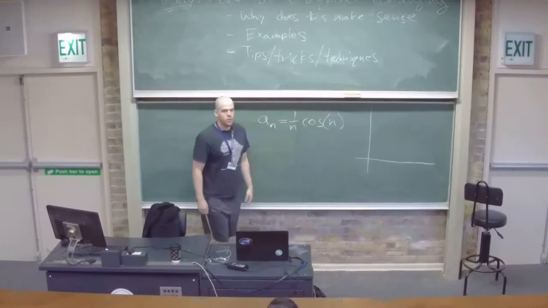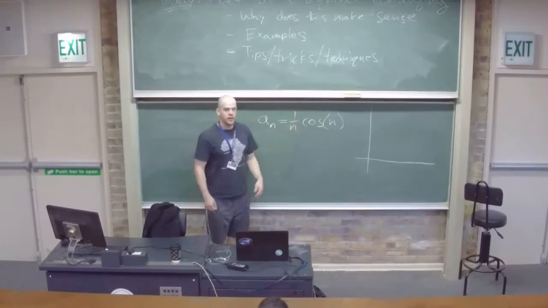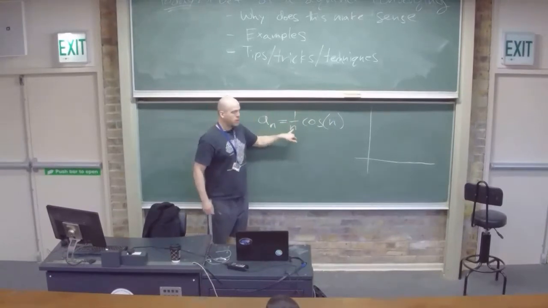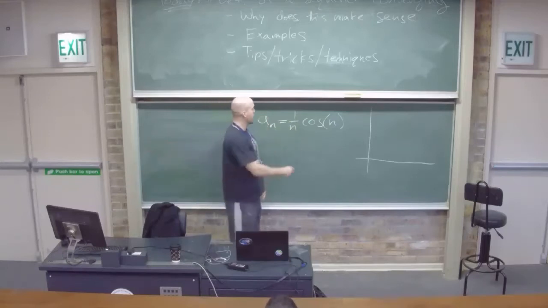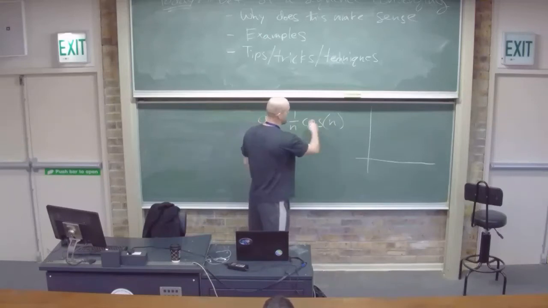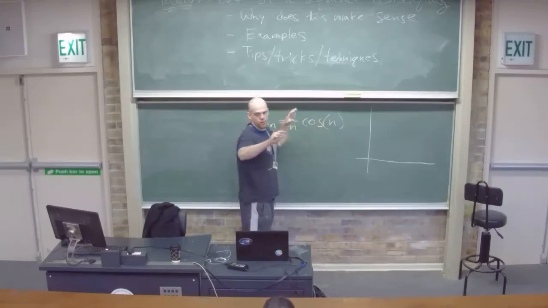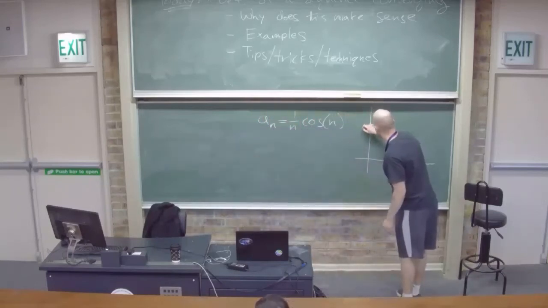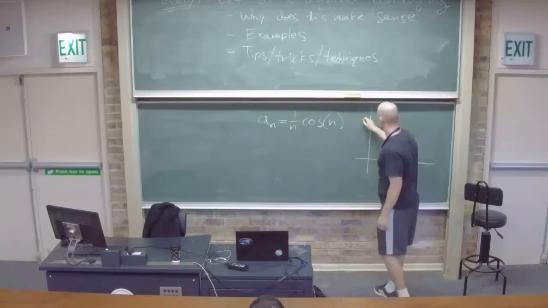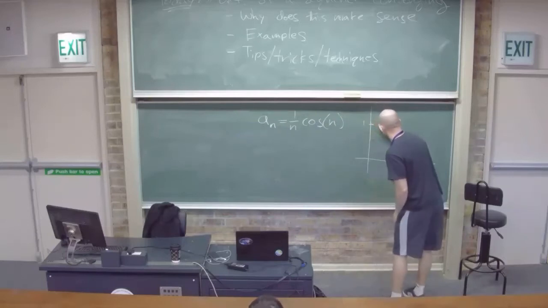What does 1 over n do? We also have a picture of that in our head. It starts out at 1 when n is 1, and then 1 over n just gets smaller and goes down to 0. So what happens when I multiply them together? I have this thing that's oscillating, and this thing is making it smaller and smaller as we go along. If I drew it really big, like if I put 1 over here, it's probably going to look something like this.